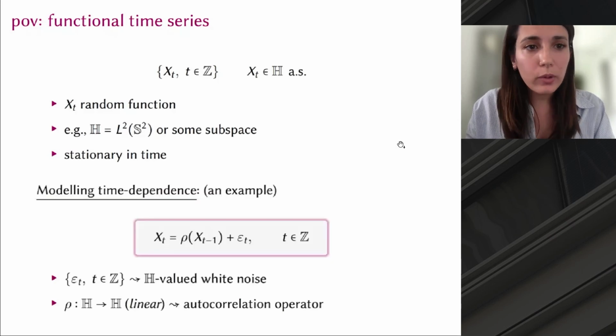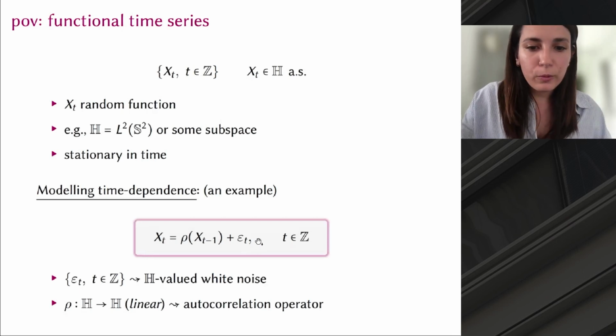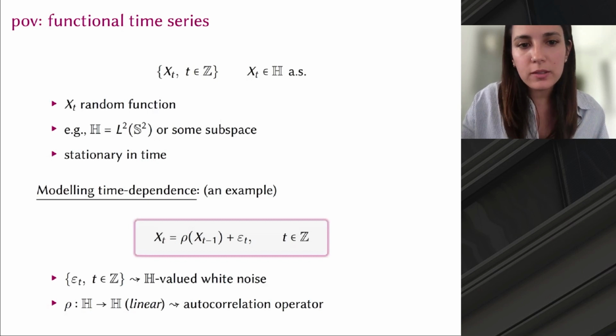One example, if we want to model the time dependence, is a very well-known model, which is the functional autoregressive model. In this case, a functional autoregressive model of order 1, in which we have Xt, our random function, epsilon t, which is a white noise function, so a Hilbert-valued white noise.